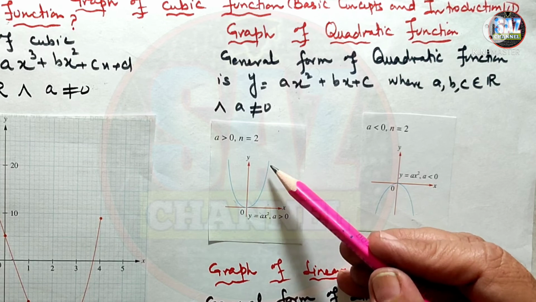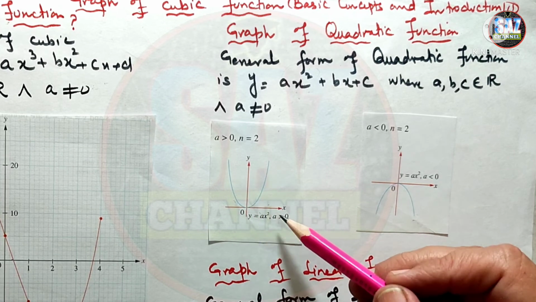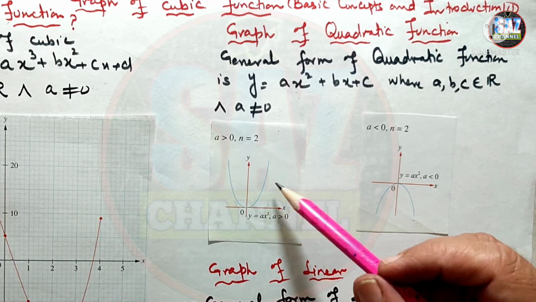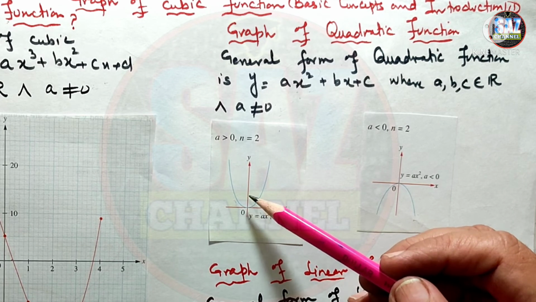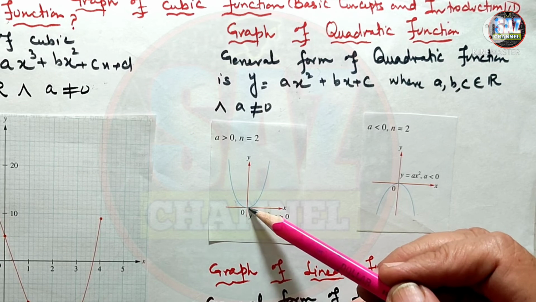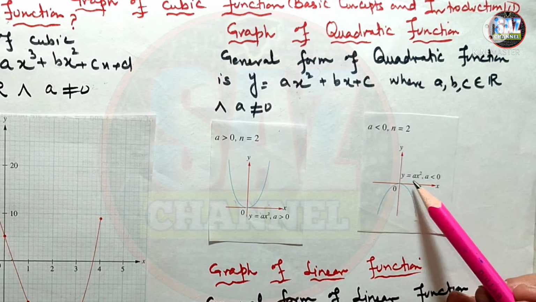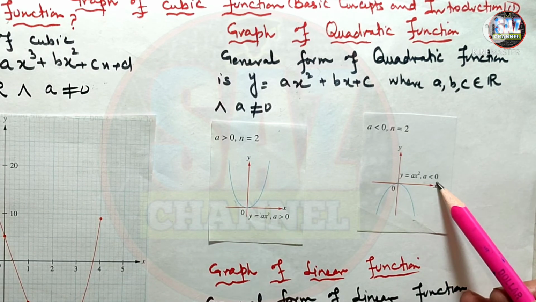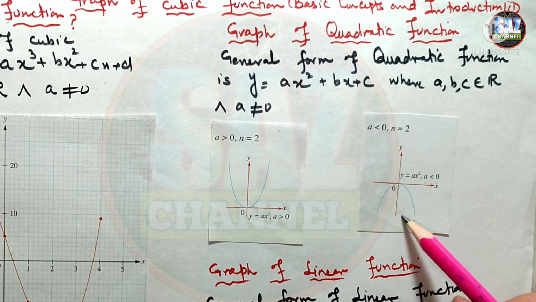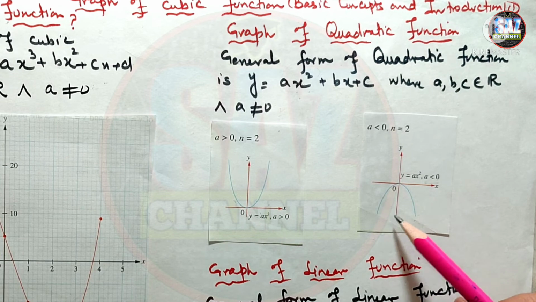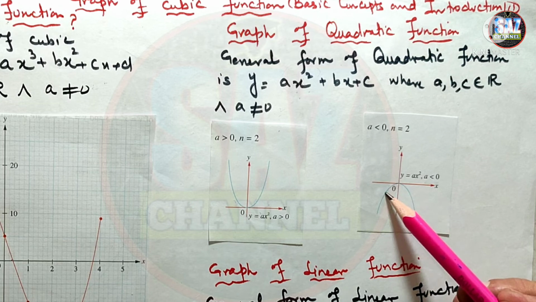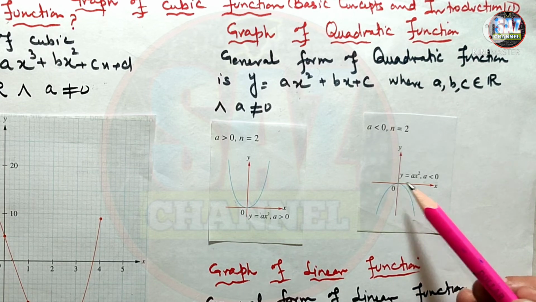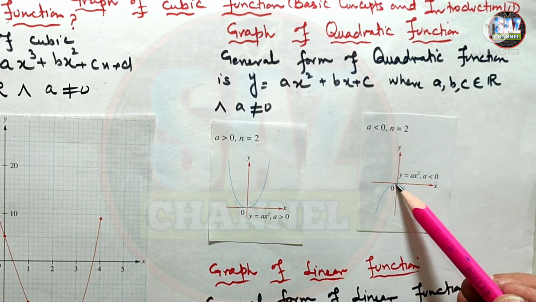If the sign of the coefficient of the square term is positive, that is a is greater than 0, then your curve will have the opening upward and you will have a minimum turning point. And when the coefficient of x squared is negative, then your parabola will have the opening downward. Then your U-shaped curve will have the opening downward, and in this case you will have the maximum turning point.